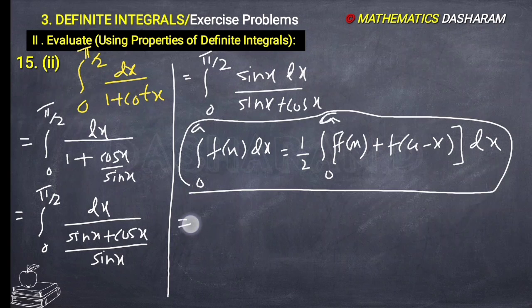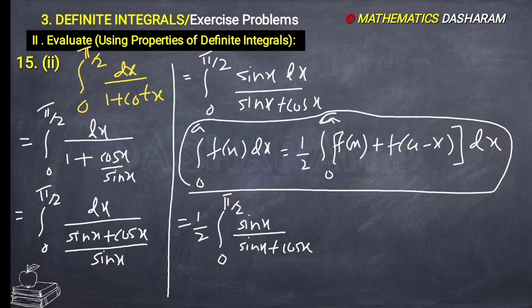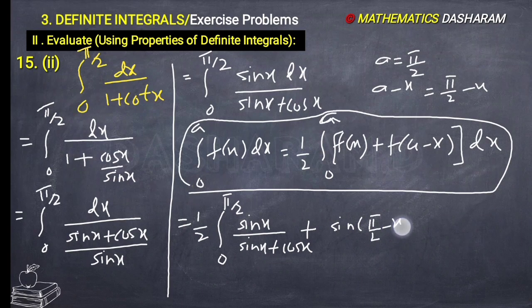So then it is equals to 1 by 2 integration 0 to pi by 2, f of x means sin x by sin x plus cos x plus f of a minus x. Here a value is pi by 2. Then a minus x means pi by 2 minus x. So then sin pi by 2 minus x.